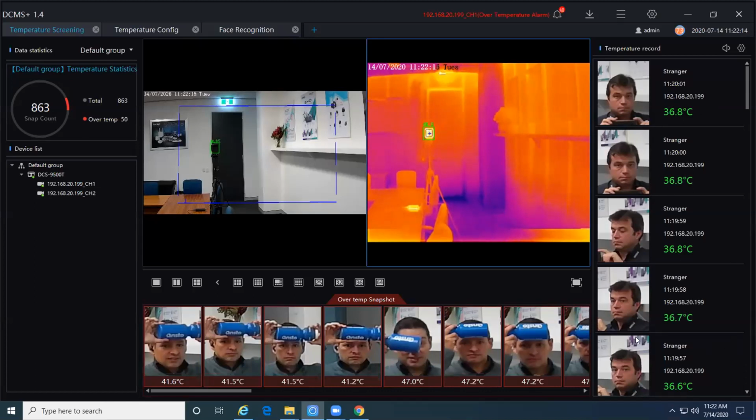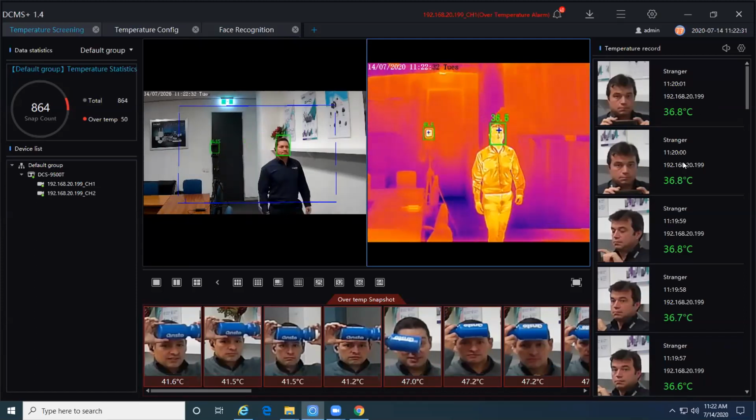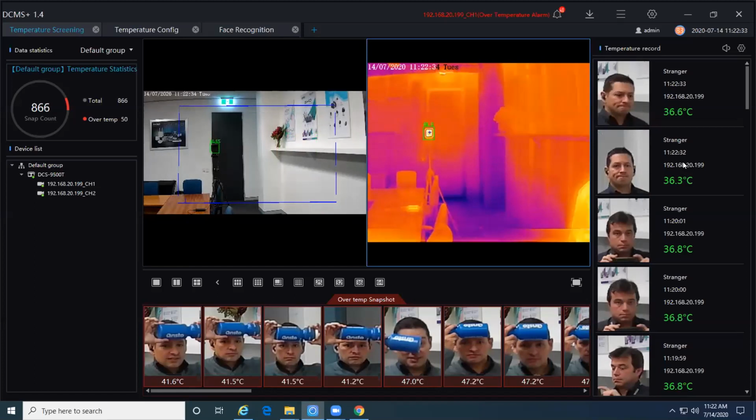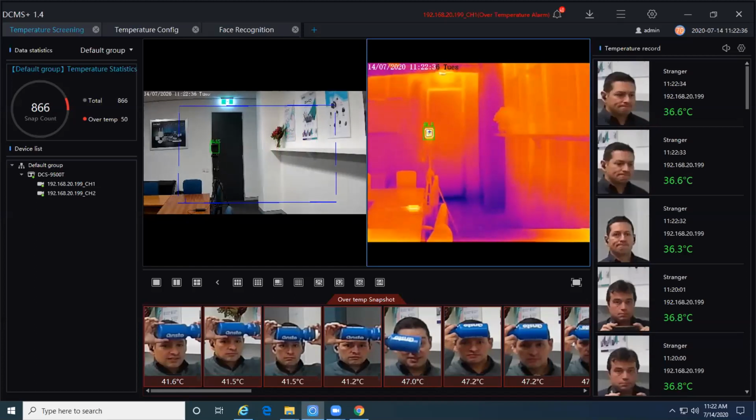So we have David here holding a hot bottle just to get over that threshold. We'll try to do that live. David, if we could ask you to pass through. As you can see, David will go at a normal pace, and as Phil said, the temperature measurement is very quick. So you can actually pick up a person even if the person is running. No issues here. So there's David here with the right temperature.